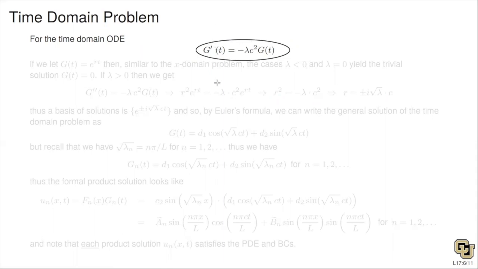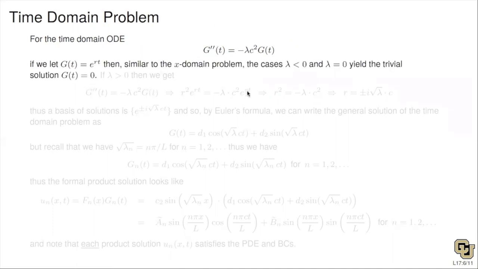And with one derivative, g prime, g of t ends up being this exponential function. But with two derivatives, this is just like the eigenvalue problem. I say here, similar to the x domain problem, the cases lambda less than 0 and lambda equal to 0 yield trivial solutions.